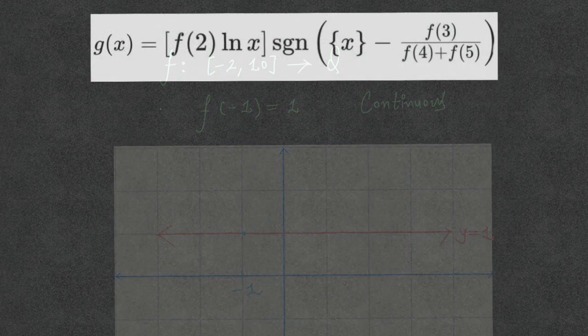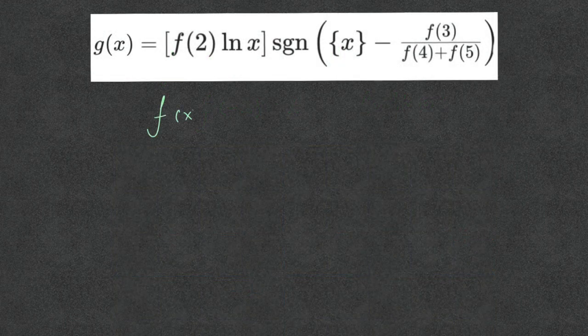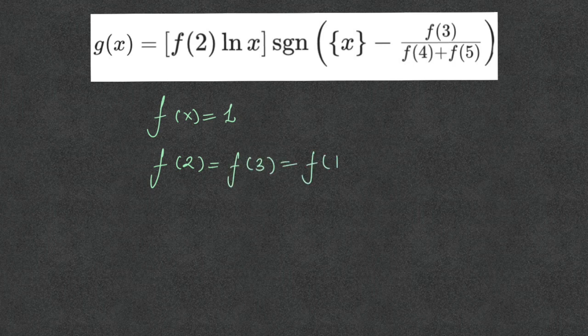So now we know that f(x) is equal to 1. So I can clearly see that f(2), f(3), f(4), f(5) are always equal to 1, because it's a constant function for every value of x.